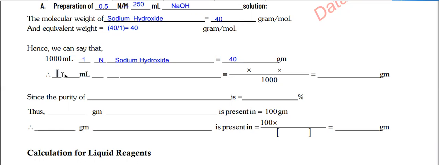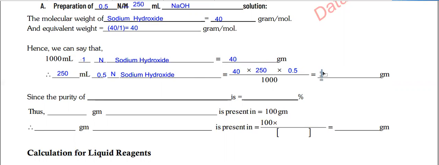So 1000 ml 1 normal sodium hydroxide is equivalent to 40 gram. Therefore, we have to prepare 250 ml, 0.5 normal sodium hydroxide. 0.5 normal sodium hydroxide is equivalent to 40, 250 ml, 0.5 divided by 1000.